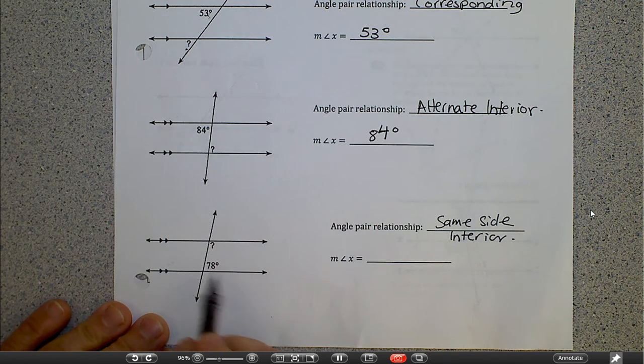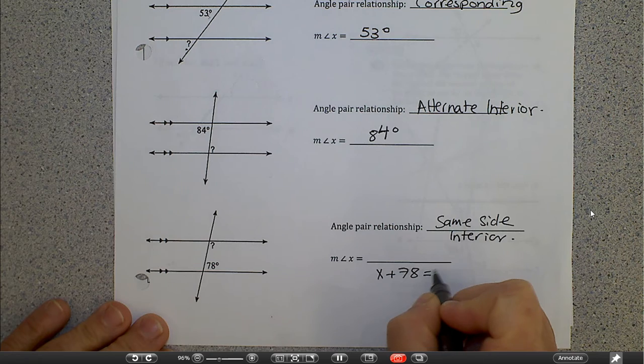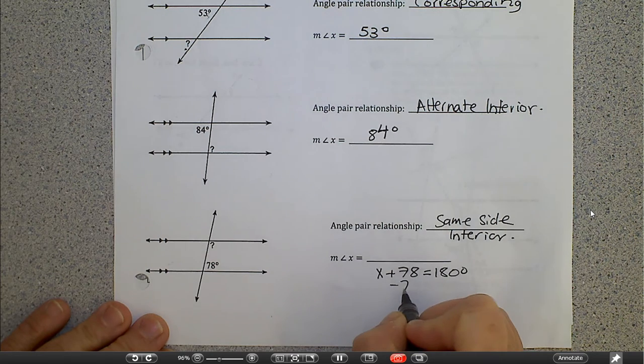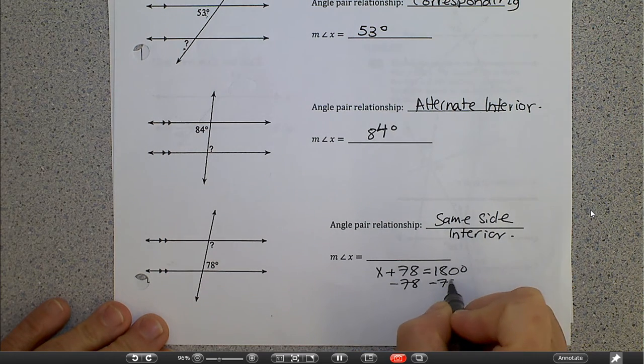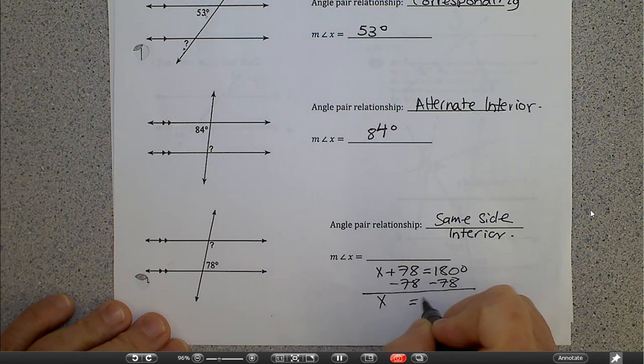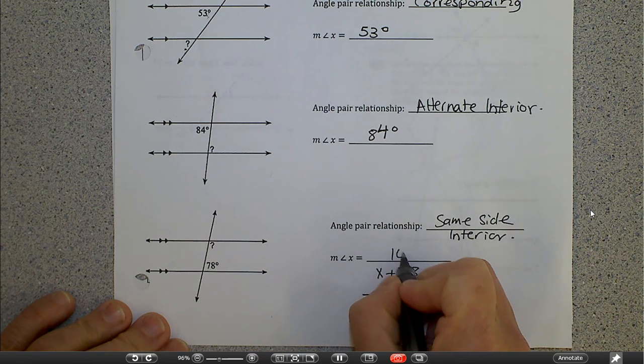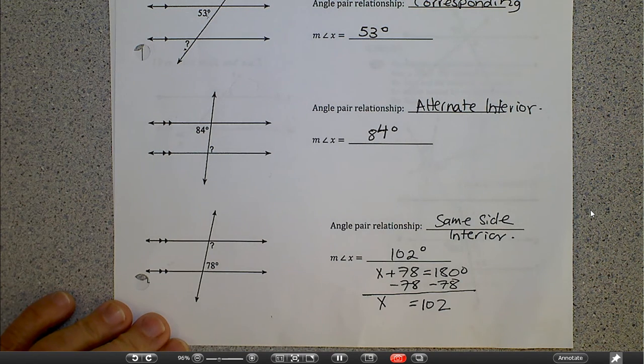And we know that they are supplementary, and so we have x plus 78 is equal to 180. We subtract 78 from both sides, and we have x is equal to 102, and the measure of angle x is 102 degrees.